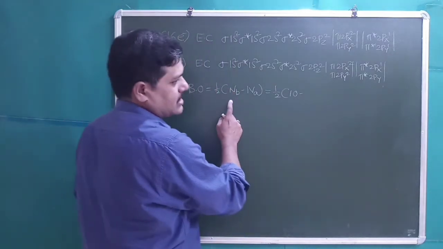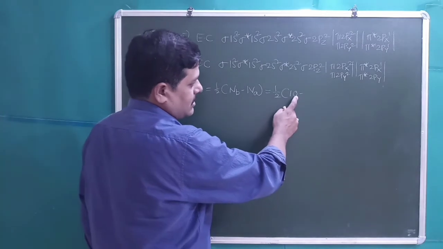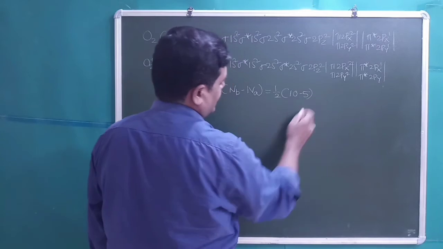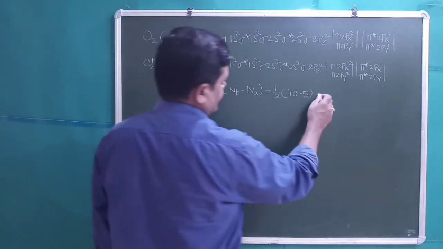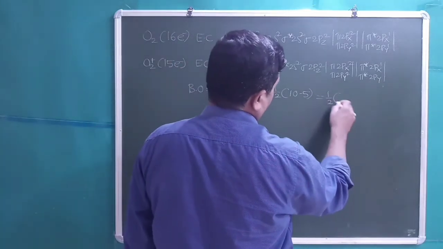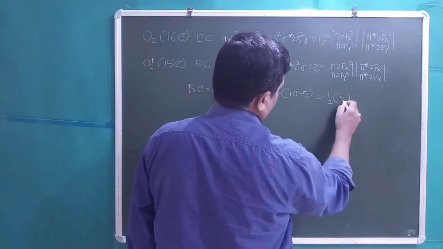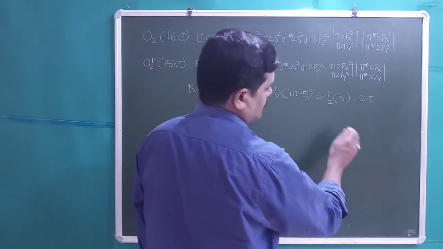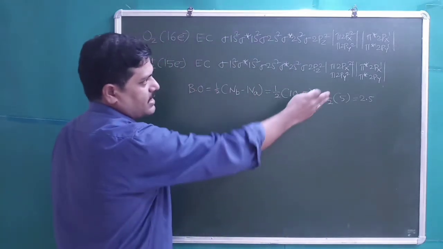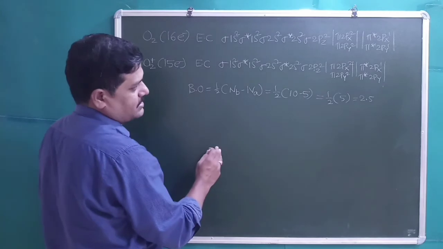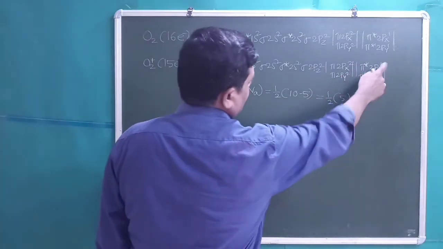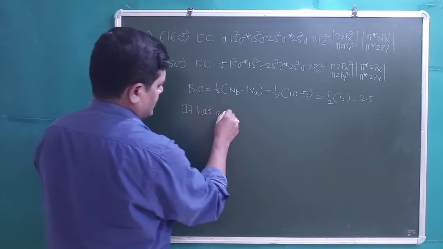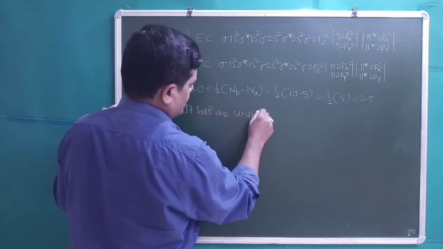Total 15 electrons are present: 10 in bonding molecular orbitals and 5 in anti-bonding molecular orbitals. So half into 10 minus 5 is 5, and 5 by 2 is equal to 2.5. Bond order is 2.5. As the bond order increases, stability increases. And it has one unpaired electron.